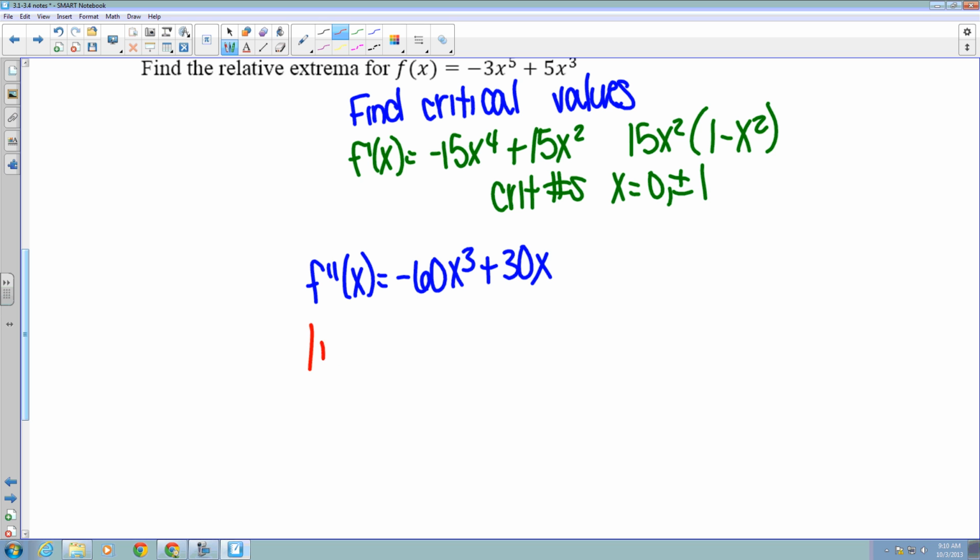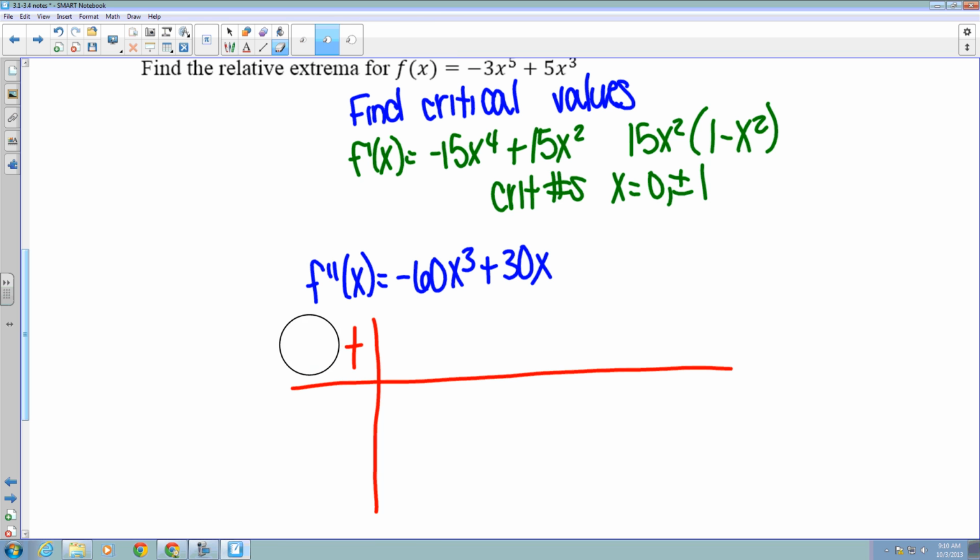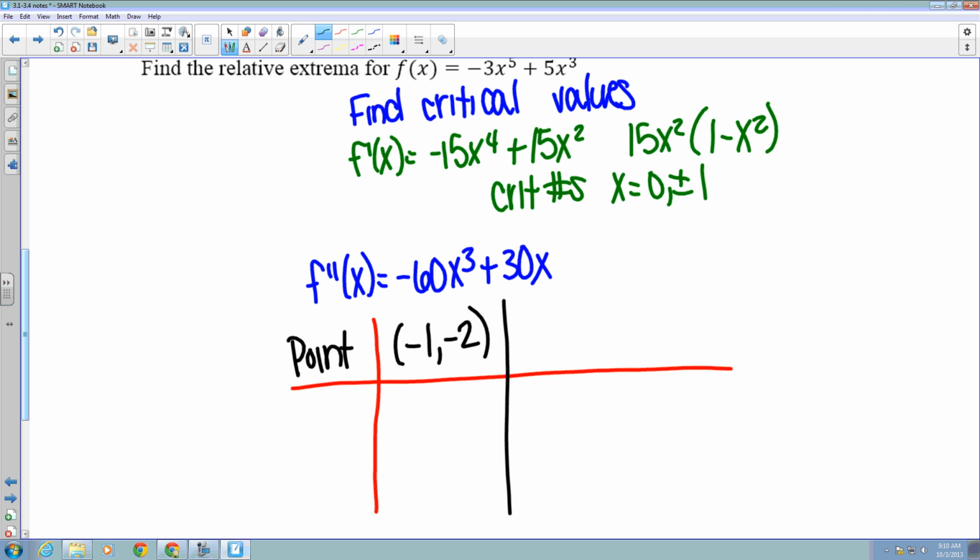Okay, so our intervals. Oh, this time we're actually just testing the points. Testing negative 1, and then we plugged that back in and got negative 2. Testing 1, 2, and testing 0, 0.